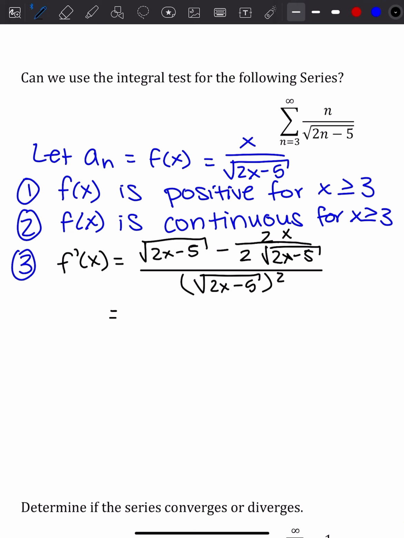The first thing I'm going to do is make common denominators on the top. So I need to multiply the first fraction by 2 square root of 2x minus 5. If I multiply the square root of 2x minus 5 by itself, that's going to leave me with 2x minus 5, and then we're multiplying that by 2.